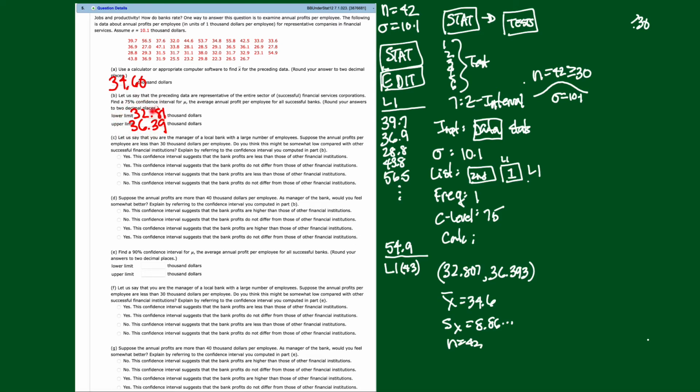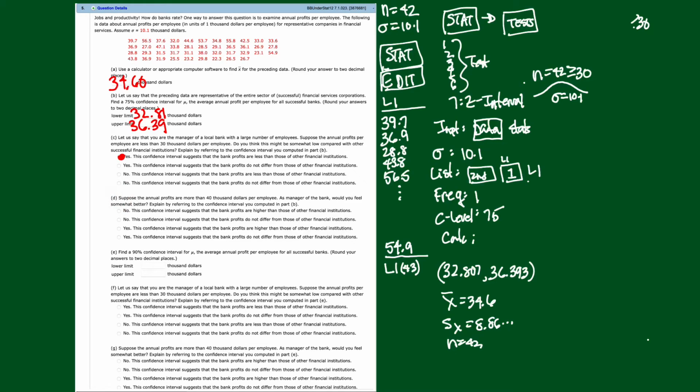Our interval goes from 32 to 36, sort of, and that's at a 75%. So we're 75% sure that this interval covers the mean of most institutions. So what would we say here? It's going to be a yes. So which yes is it? This confidence interval suggests that bank profits are less than those. This says that they do not differ. I'm going to say it is less. I'm going to go with that one right there.